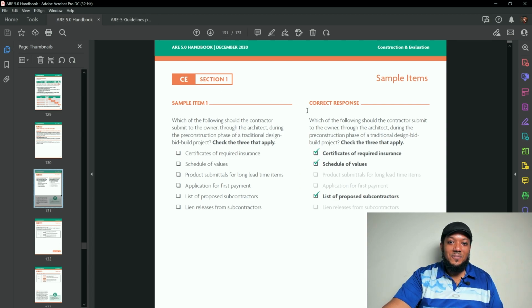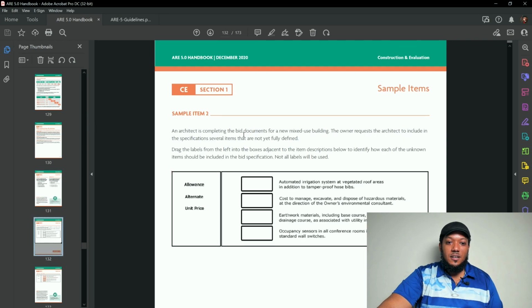And of course, when you take the exam, because of the way it's structured, you'll hold your eye so you won't see the answers. But it's really important to know particular things, like the difference between an allowance, an alternate, and a unit price. That's just basic definitions, so memorization is going to be key.